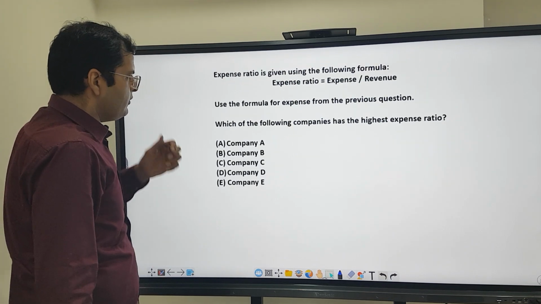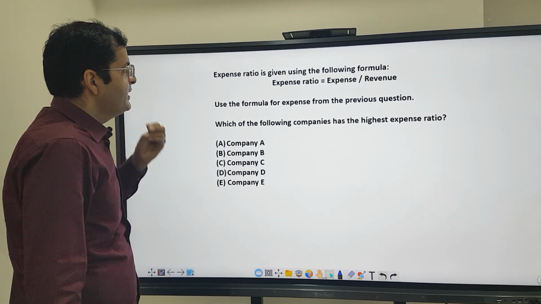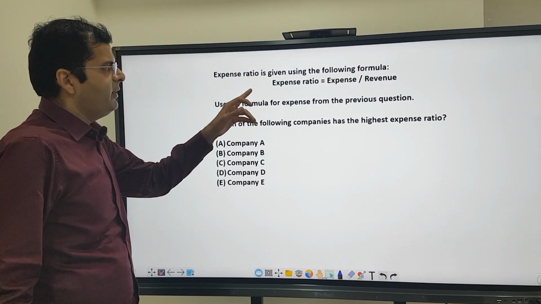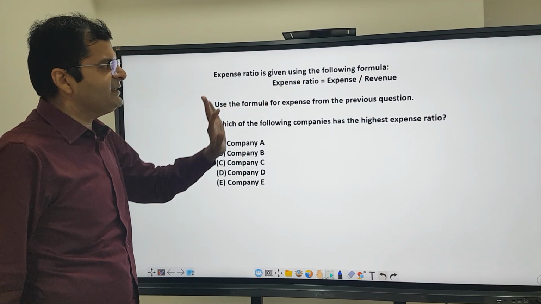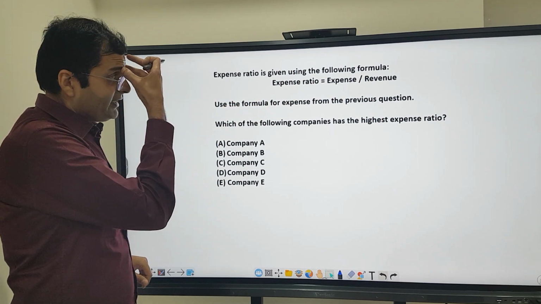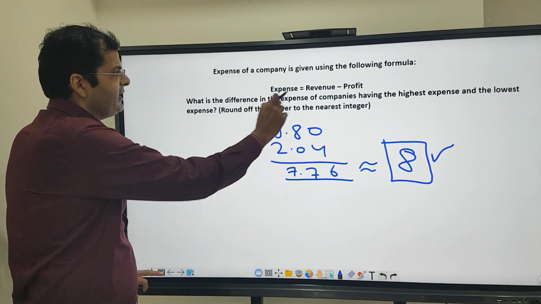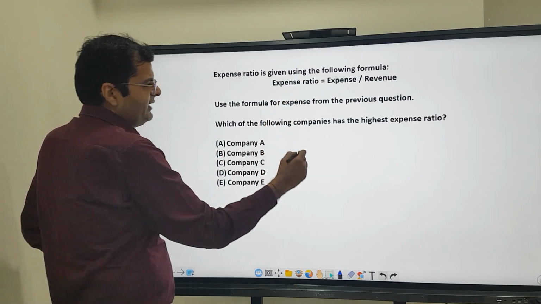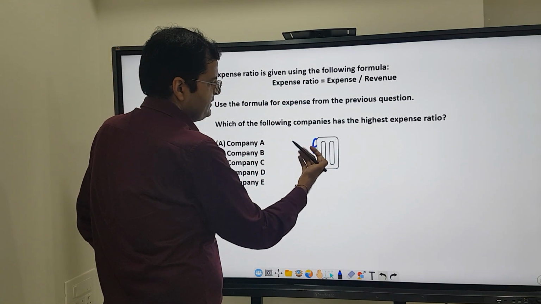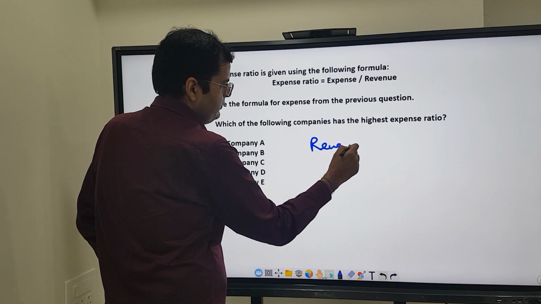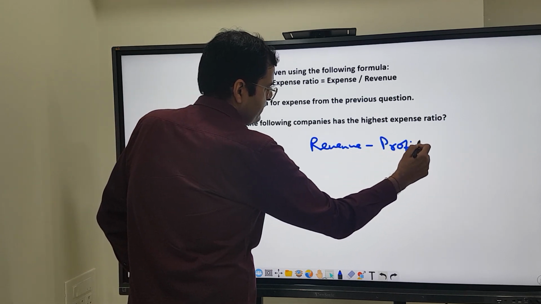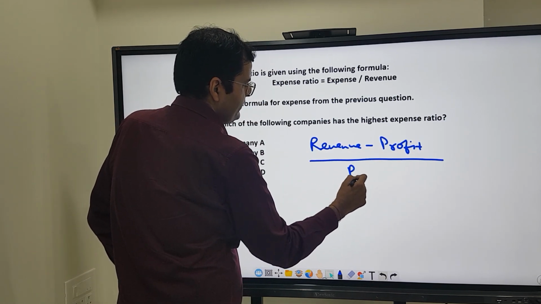Now finally we'll look at this question. It says expense ratio is given by the formula expense upon revenue. So expense we know is revenue minus profit. So I can write this as revenue minus profit divided by revenue.